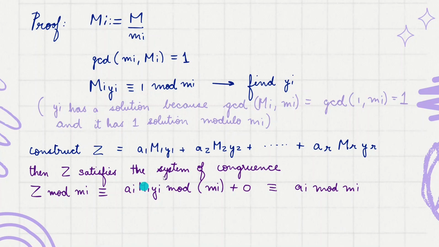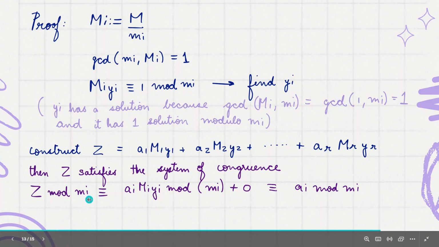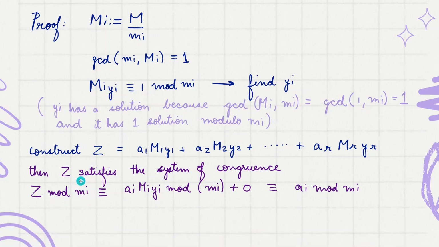We're dividing z by mi. Note that all the other terms, all the j terms, will have small mi in their product, because capital Mj is the product of all the small m's other than mj. So all the other capital Mj terms will have the number small mi inside them.